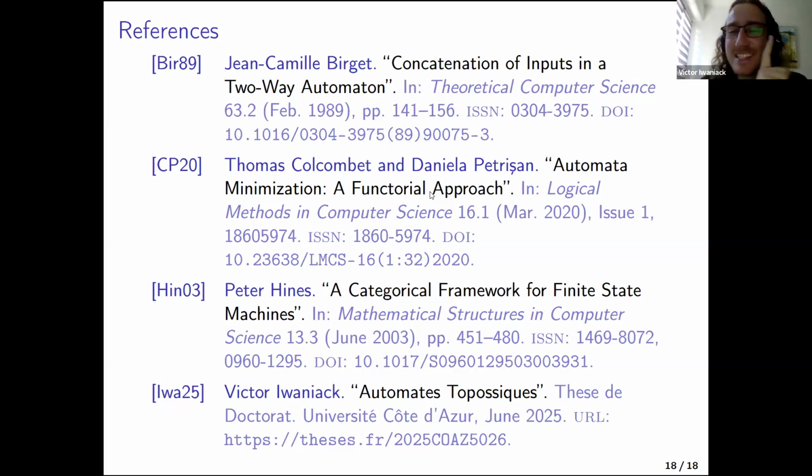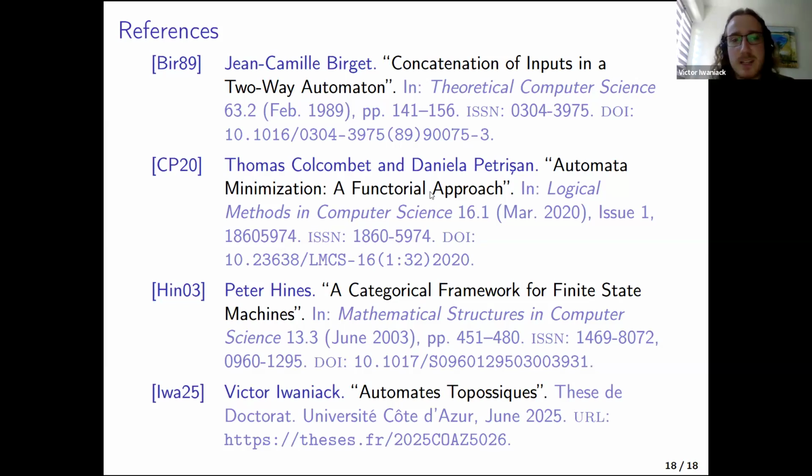Also, I have to mention that I am a mathematician at the beginning, so maybe there are some concepts that are still hard for me to grasp. For example, I'm not sure how algorithms work with this setting. You can prove algorithms, basically. I think that was the goal of Thomas and Daniela.